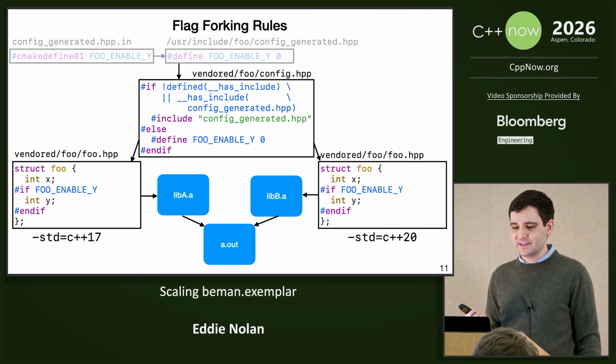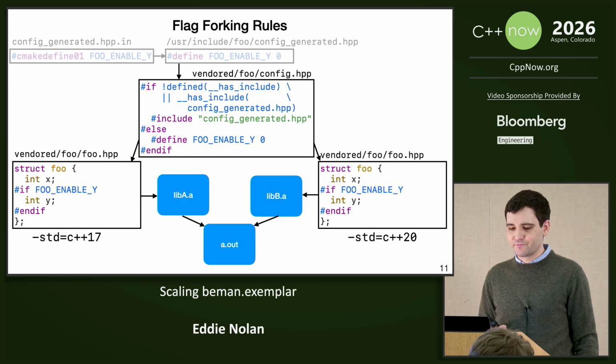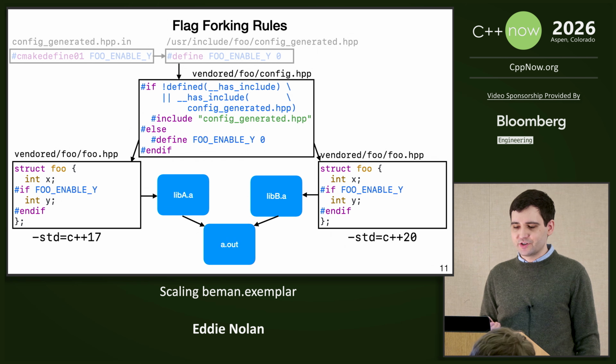What this does is essentially look for the generated config.hpp file and provide fallback defines if it can't find it. And so this way, we enable users to use our libraries just by vendoring the include directory.